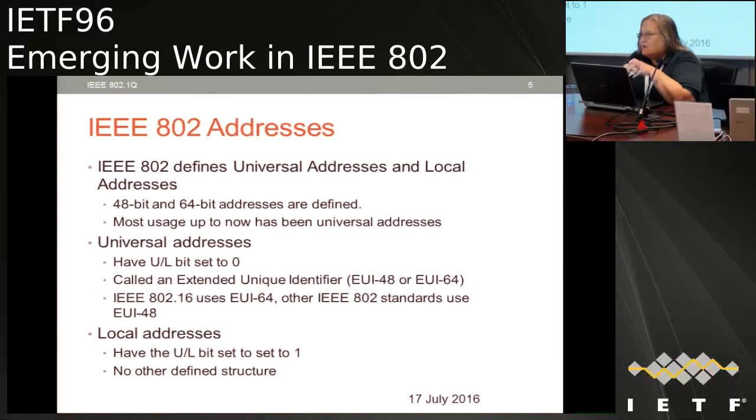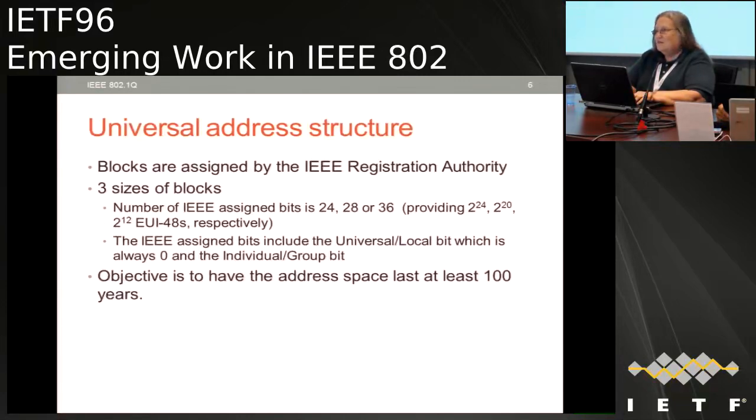Local addresses have the UL bit set to 1, and up till now they haven't had any other defined structure. It's just a flat 46-bit address space plus the universal/local and individual/group address bits.